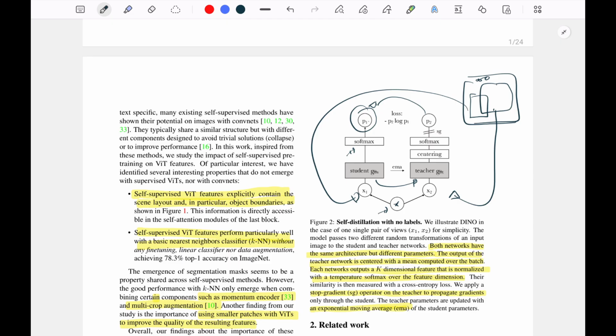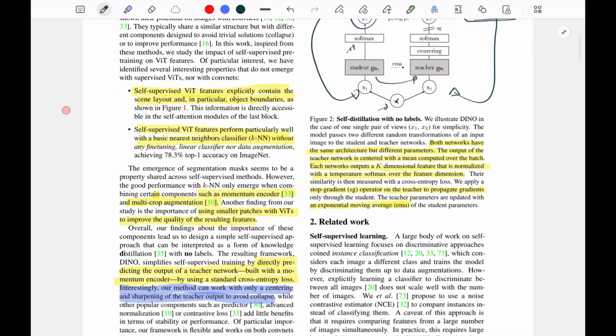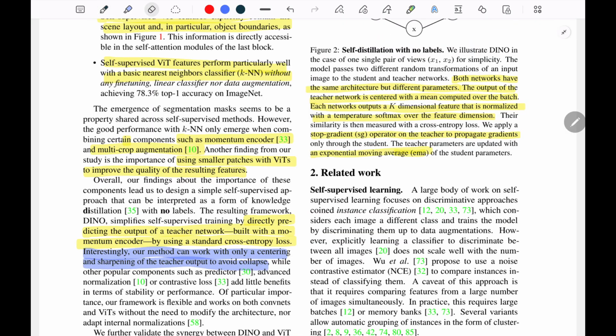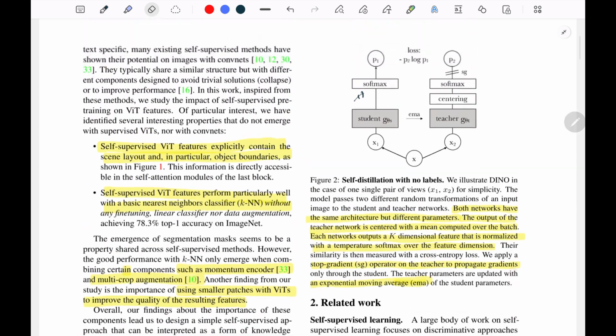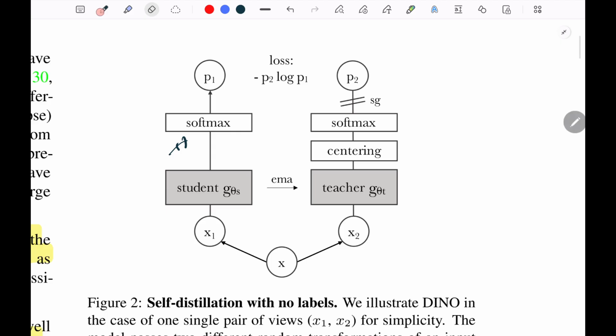They also discuss that in the paper, and it's called mode collapse. So what is mode collapse? They do something called centering and sharpening that helps in avoiding it. What I mean by mode collapse is, suppose the output of both the student and the teacher is 10 dimensional.